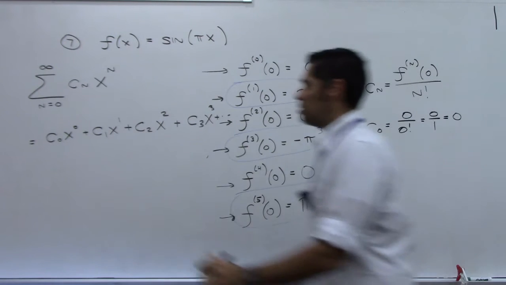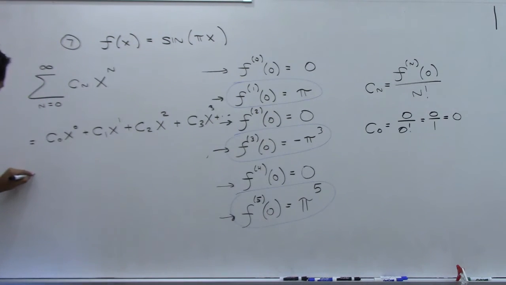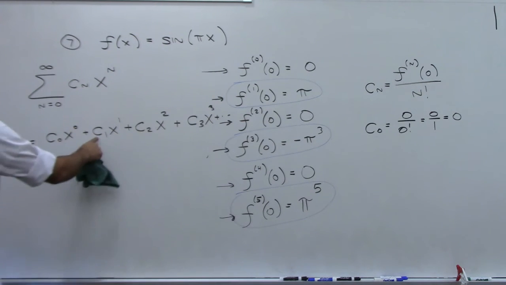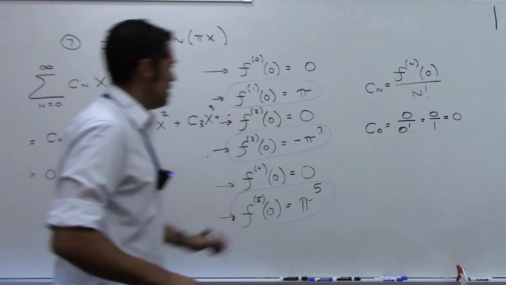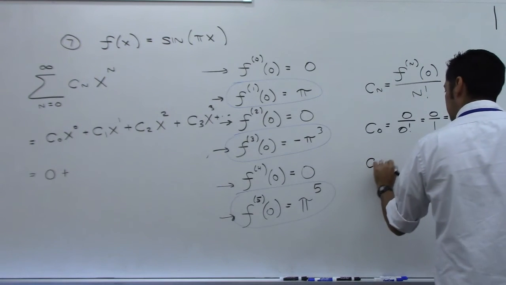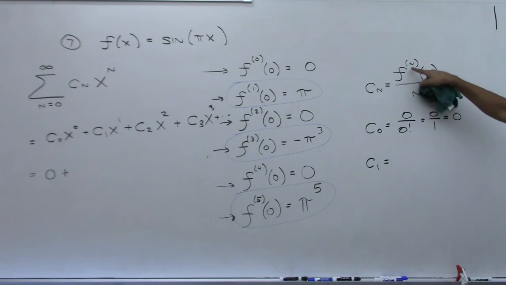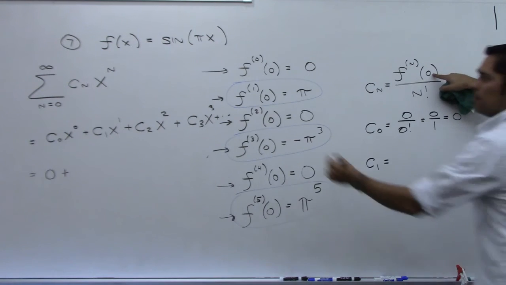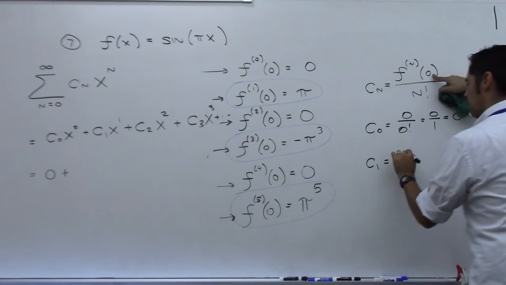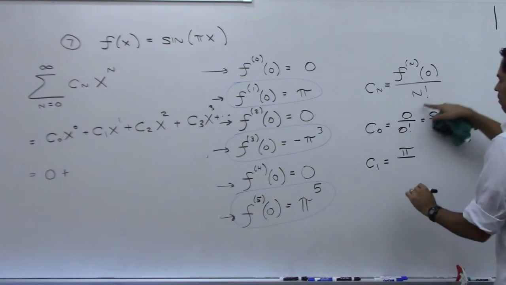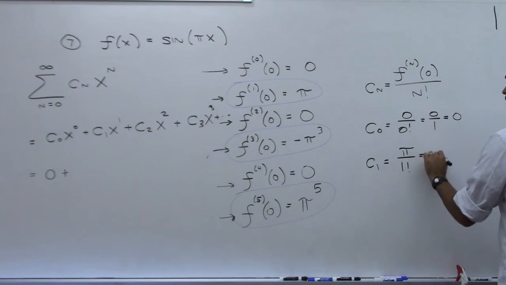So my first term here is going to be 0 times x to the 0. That's just 0. Plus, now c sub 1 is going to be the first derivative at 0, which is pi, over 1 factorial, which is just pi.